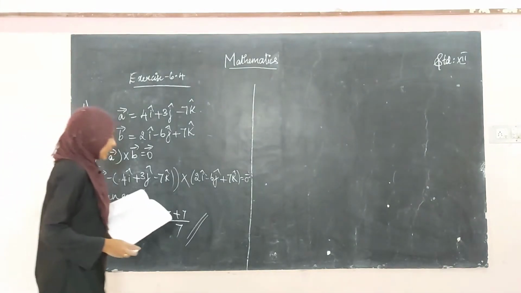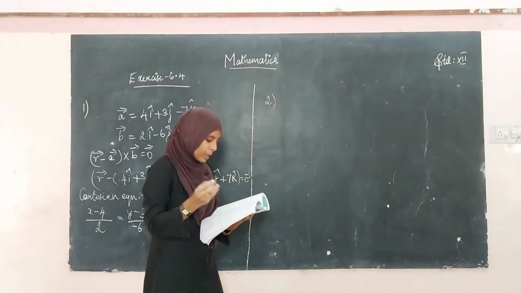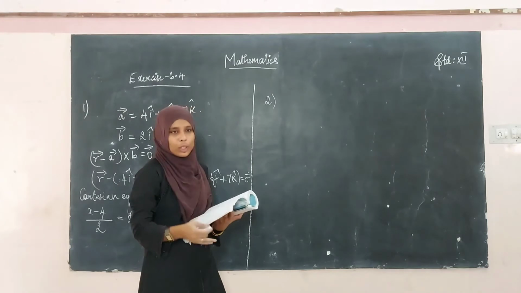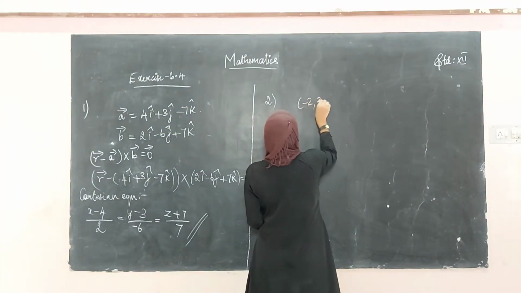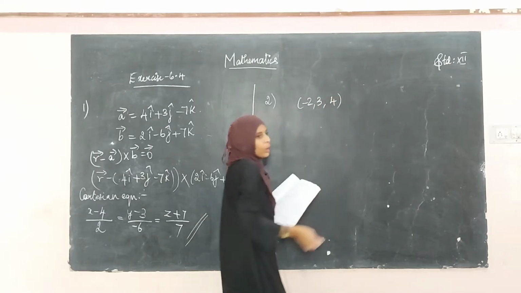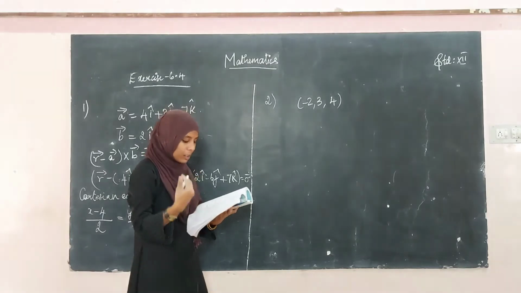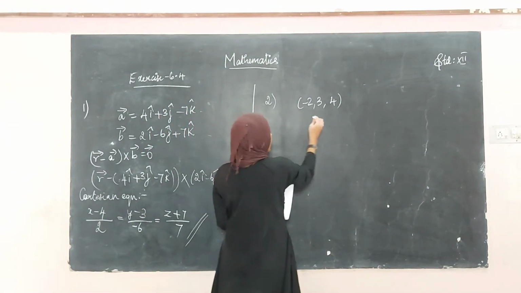Okay, now let us see the second sum. Find the parametric form of vector equation and Cartesian equation of the straight line passing through the point. What's the point given out there? It is minus 2, 3, 4. Okay, the point given out there is minus 2, 3, 4 and it is parallel to the straight line. So let us take this as A vector.